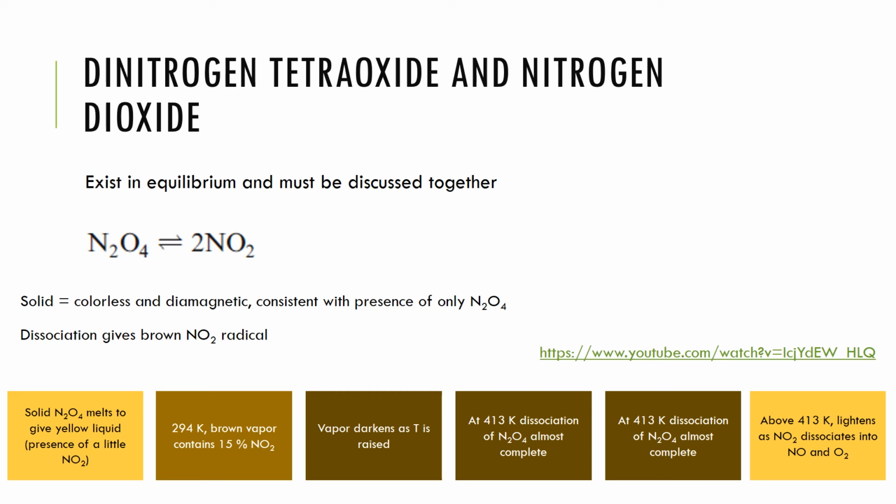As you start to heat the solid, you start to get the evolution of a brown vapour, and at 294 Kelvin that contains about 15% nitrogen dioxide. So you're shifting the equilibrium to the right as you heat up the substance.